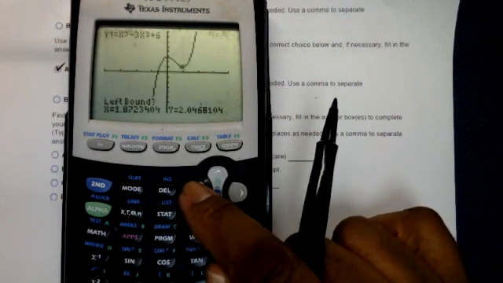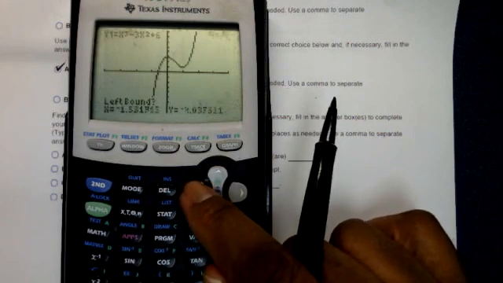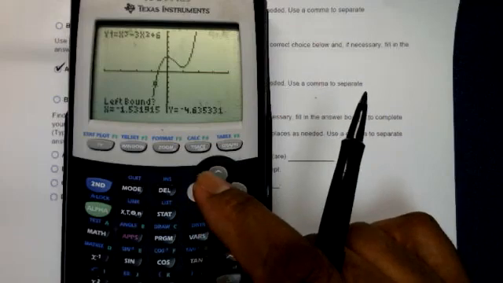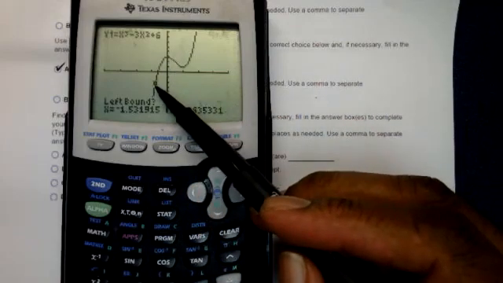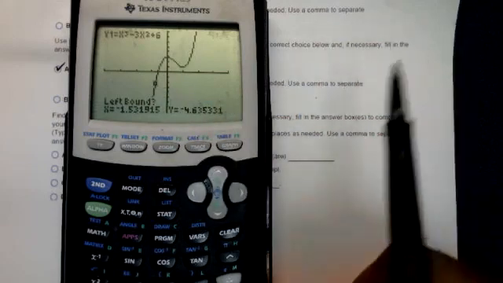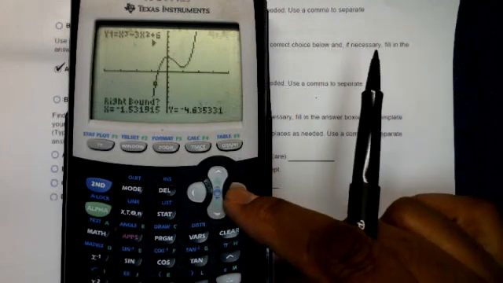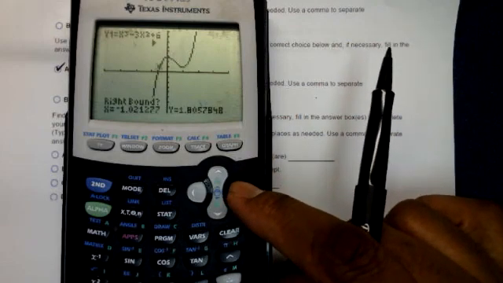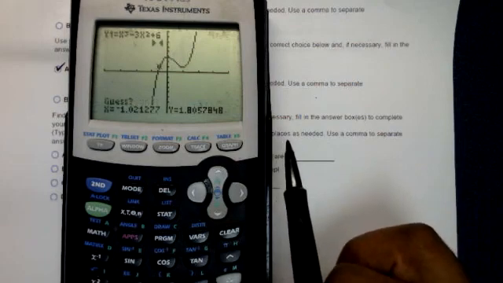And now for left bound, I'm going to put the blinking cursor below the x-intercept, and then press enter. Right, then put the cursor above the x-intercept. Press enter.